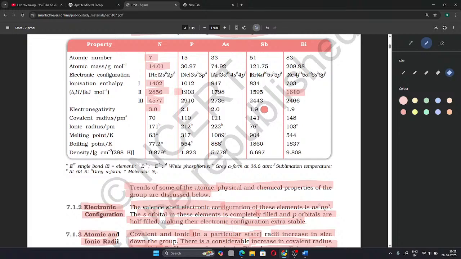It is very minute. As such, we can generally say that the 15 group elements follow the general trend of decrease in ionization enthalpy as we go down the group.